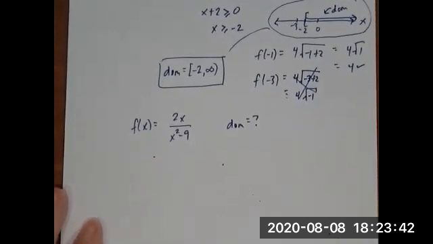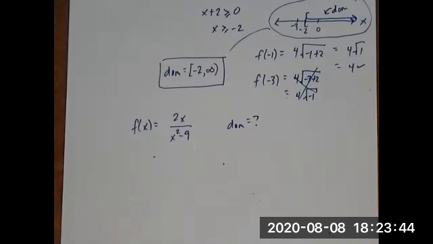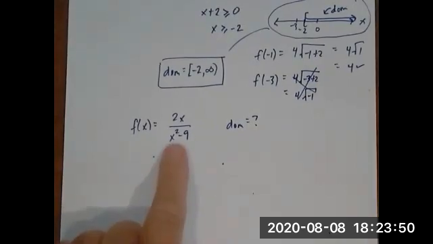First step is always assume the domain is all real numbers. And then I'm looking for either variables in the denominator or variables under the square root. What do I have? I have variables in the denominator. So I have to see what the impact of that is. And the main question is, what values of x are going to cause the denominator to equal 0? That's the question I have to answer.